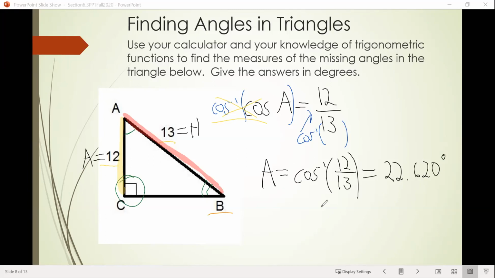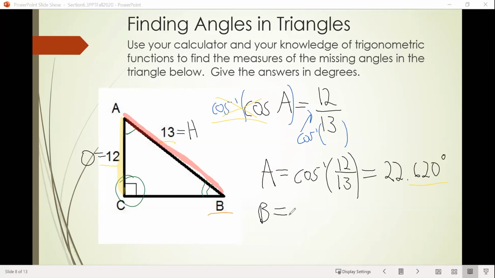However, that can be a little risky since the measure I got for A is rounded off. To avoid any rounding error, I'll use an inverse function to help me find the measure for B. I'm going to skip the initial steps I did with A and just set up the ratio for B. We want to think about how the side lengths of 12 and 13 relate to the angle B. Hopefully you would agree the side length of 12 is opposite angle B, so that would be the opposite side, and the length of 13 is the hypotenuse.